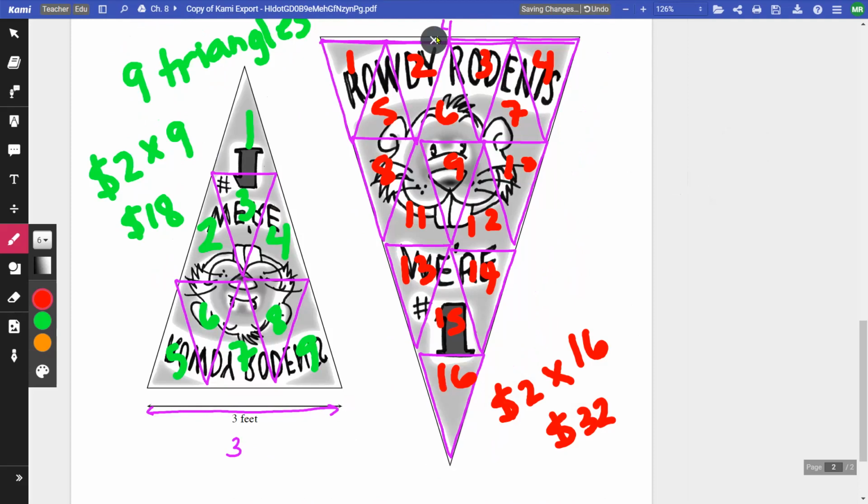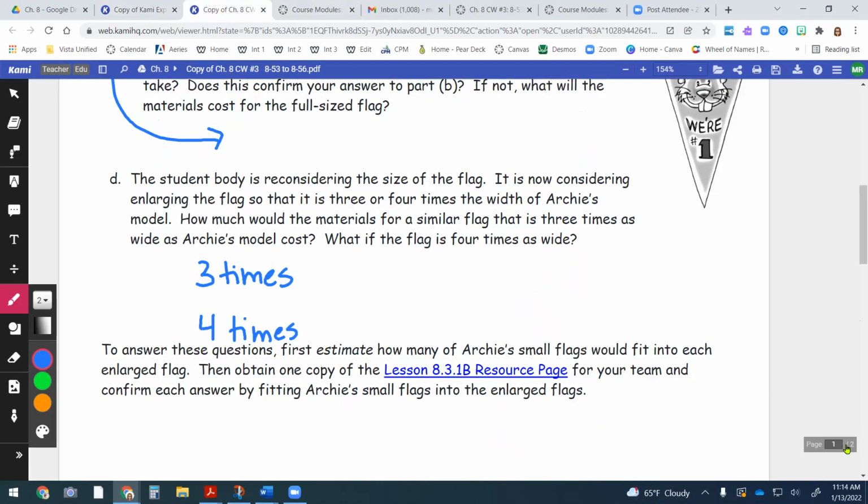So what have we learned? So again, here, what's happening is if each of my sides is 3 times bigger, then I take my area. So this is the sides, okay? My sides are 3 times bigger or 4 times bigger. My area is not 3 times bigger, it is 9 times bigger.